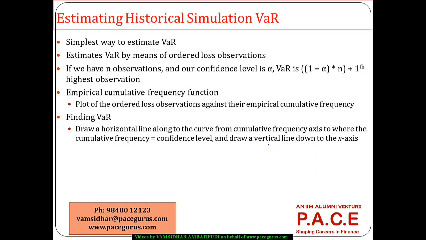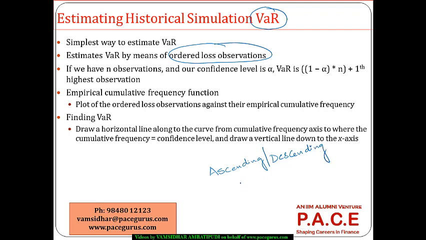Now, whenever I am talking about estimating the value at risk using this mechanism, one thing we have to understand: it's very simple because we are depending more on the ordered loss observations. We are trying to arrange the data in either ascending or descending order, whether we are taking the losses or the arithmetic returns.